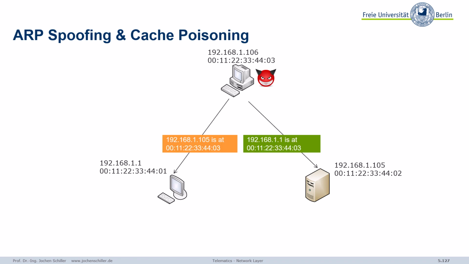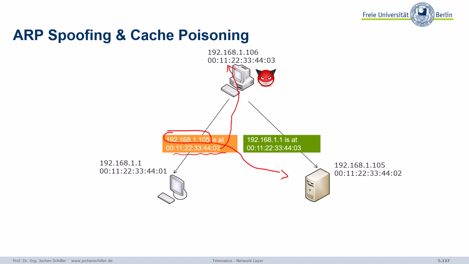And then this machine can simply claim: look, if you're looking for this IP address, which by the way is the IP address of this computer, you can find it using this hardware address. Oopsie, but that's the hardware address of this machine.